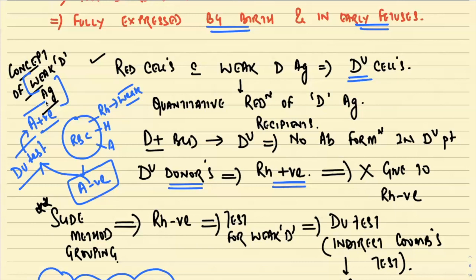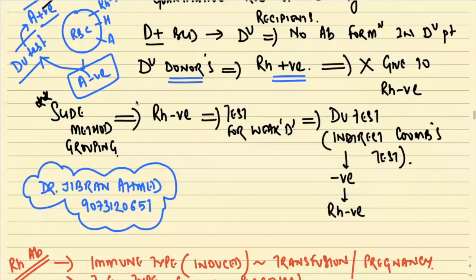The basic idea here is that in the slide grouping method, if it comes out to be RH negative, you test for the weak D antigen, that is the Du test, the indirect Coombs test. If this test is also negative, only then can you label the individual as RH negative. Just remember this concept of weak D antigen and the Du test. Is this very clear to everyone?